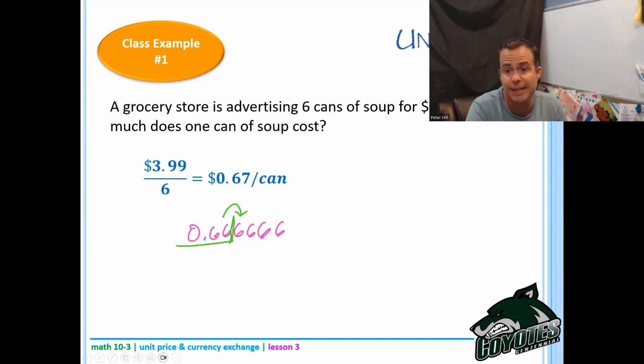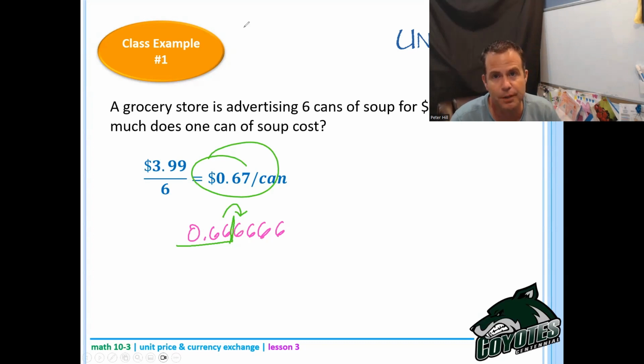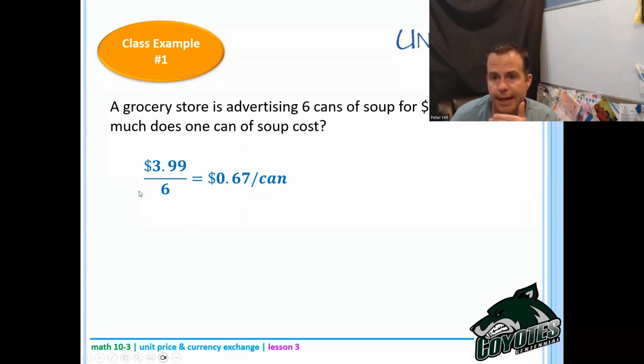If that next number was less than 5, I could have left the 6 right where it is, but that's why I ended up with 0.67. Okay, so we say 67 cents per can. Remember that slash right here refers to the per, or for the one item, for the one can, okay?